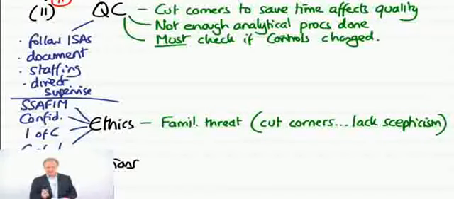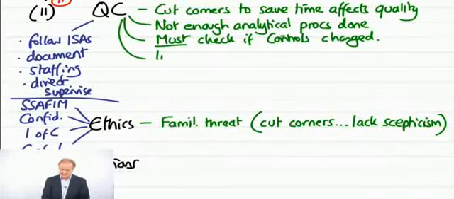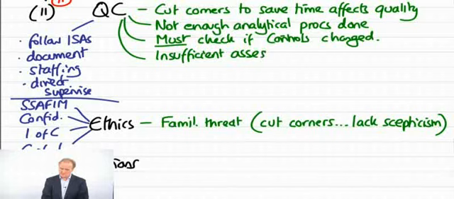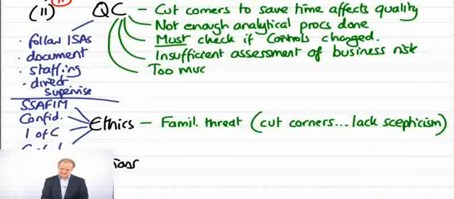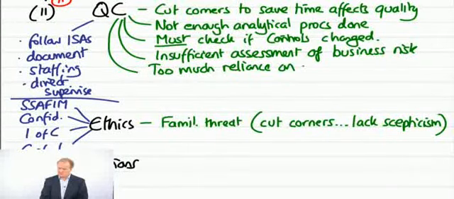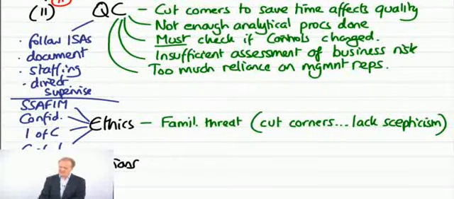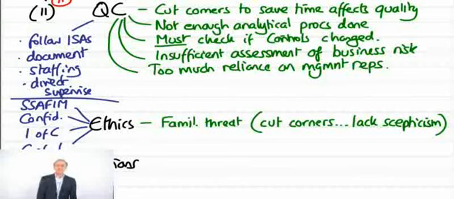Well, I'm sorry, but that represents an insufficient assessment of business risk, and I might also say that there is too much reliance on management representations, which is the worst quality evidence you can get.